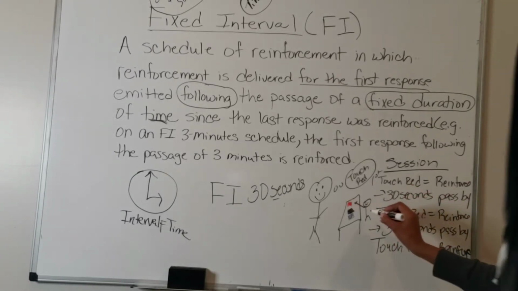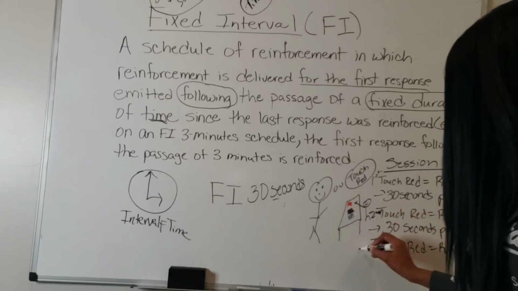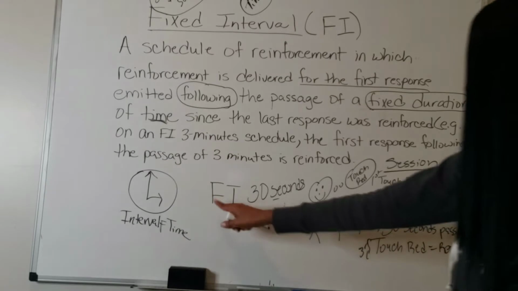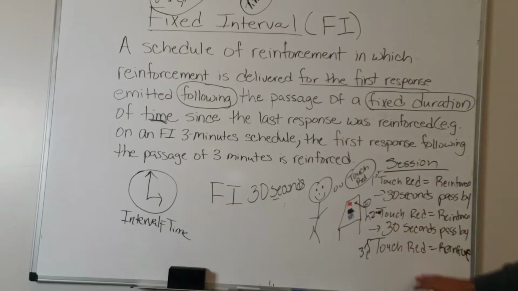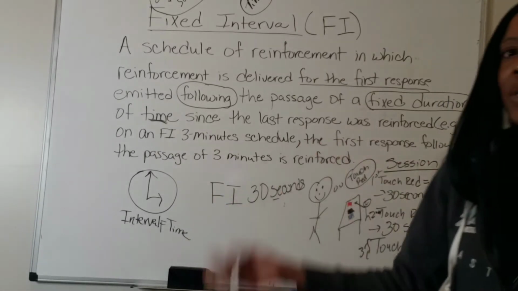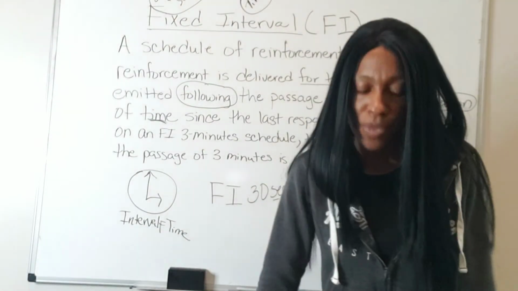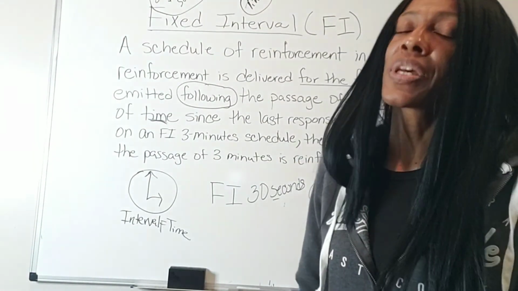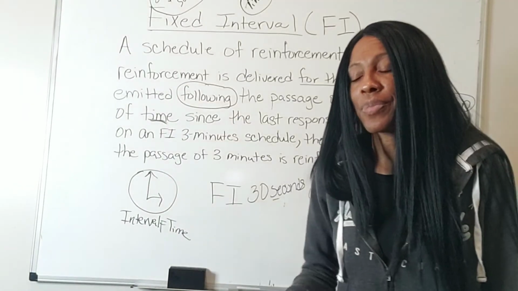Okay? There's your second trial, your third trial. So just know that it's fixed. So 30 seconds, 30 seconds, 30 seconds will continue and continue until you get ready to move into fading. Once you move into fading, you'll stop the fixed intervals and you're going to move into a variable.